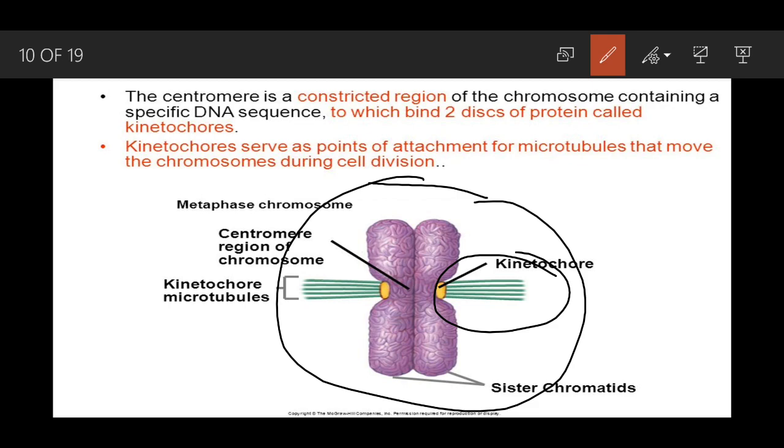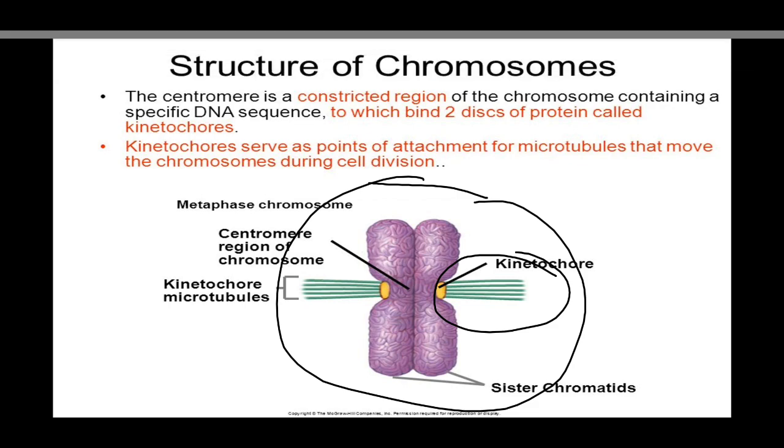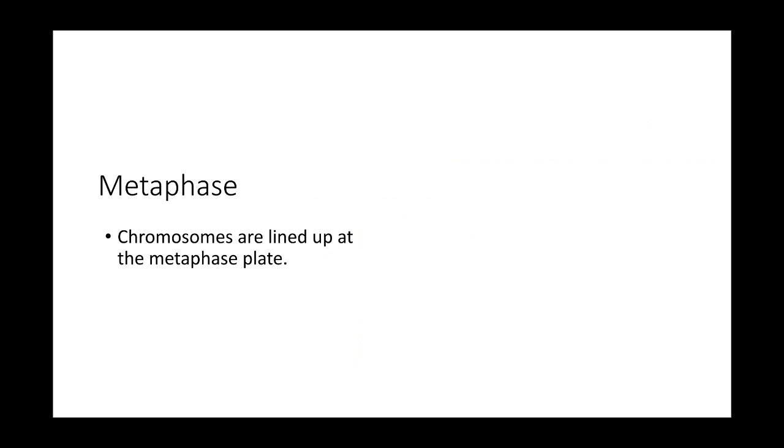Those are your kinetochore microtubules where your spindle fibers attach. And when we say centromere, it is simply a region. Don't be confused. Kinetochore is the structure where your spindle fibers attach, and your centromere is simply the region where you can find your kinetochore. So that's it. Now let's move on to metaphase.